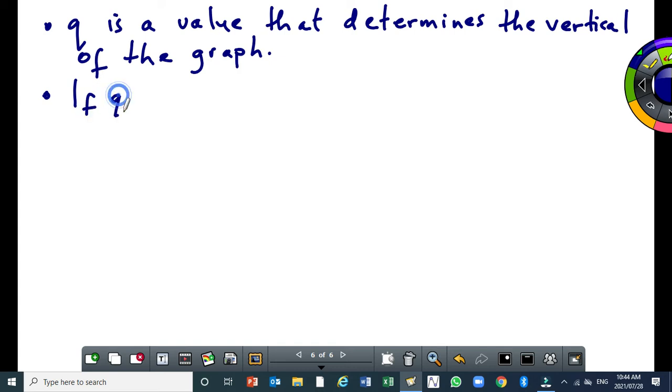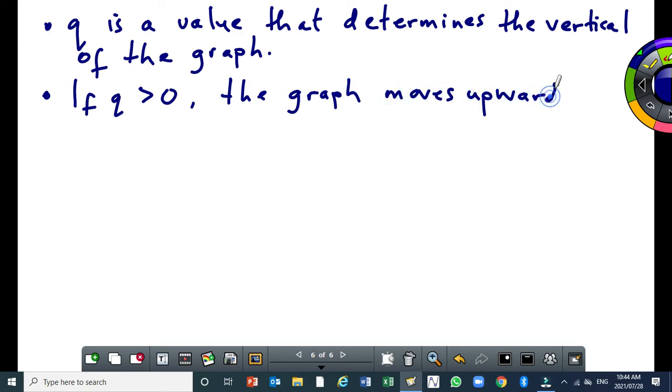Now we have two scenarios when it comes to Q. If Q is greater than 0, the graph moves upwards by Q units.